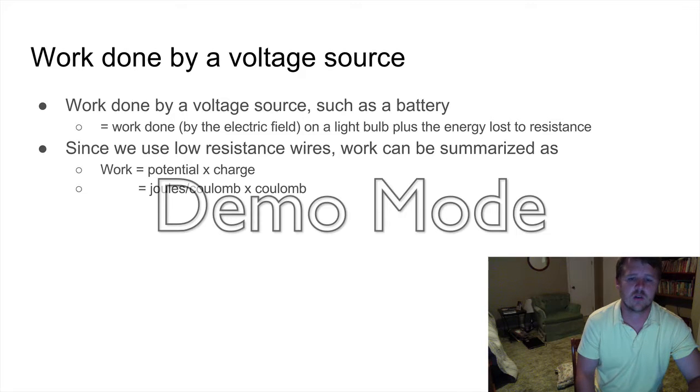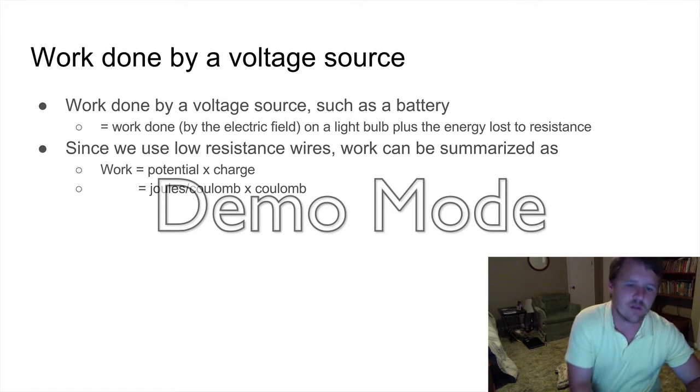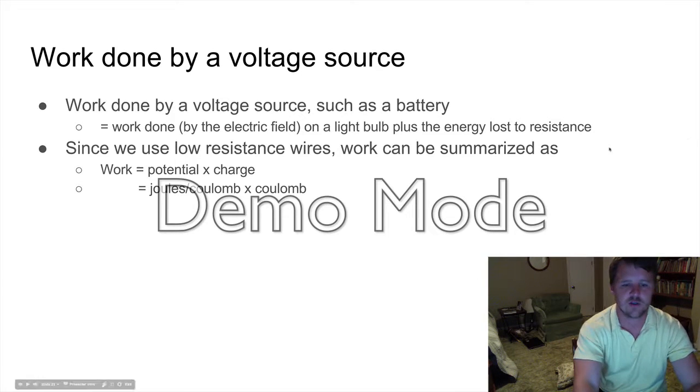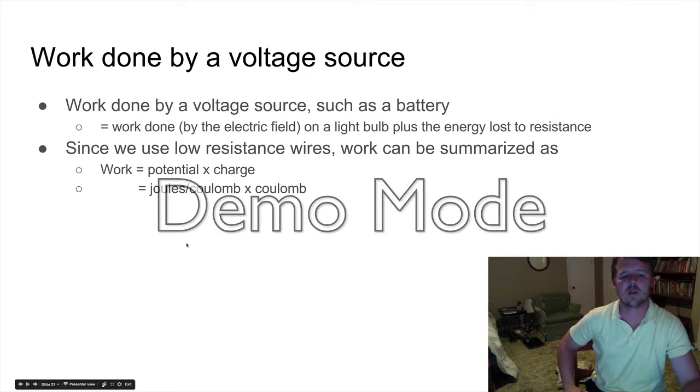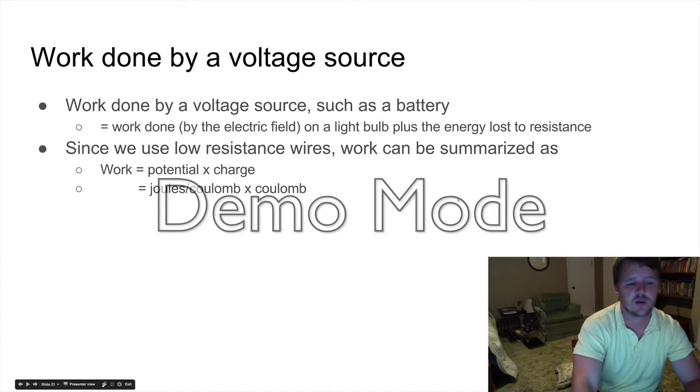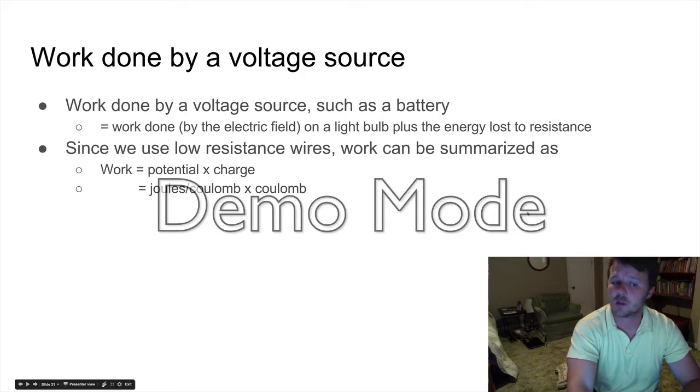And you would say work equals potential times charge, because the coulombs would cancel and you would just end up with joules. I'm not going to quiz you on that or test you, but just know that potential times charge equals joules. So you'd have how much work you're doing. You wouldn't have voltage, but you'd have work.